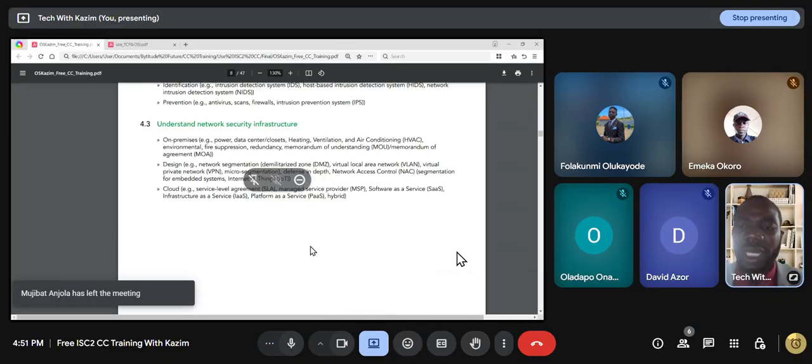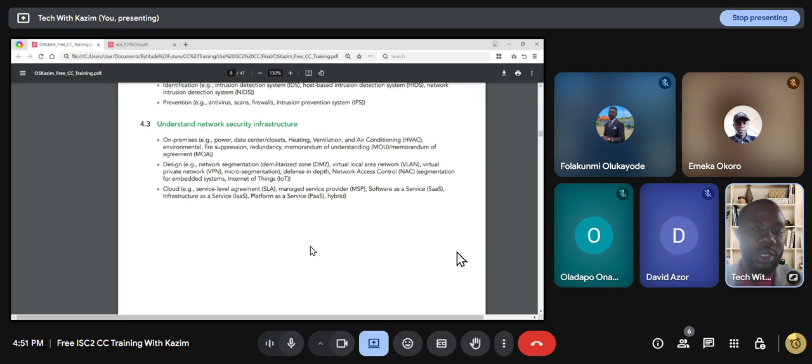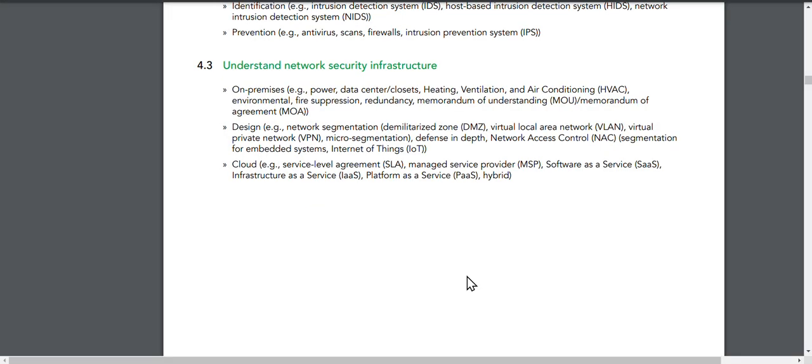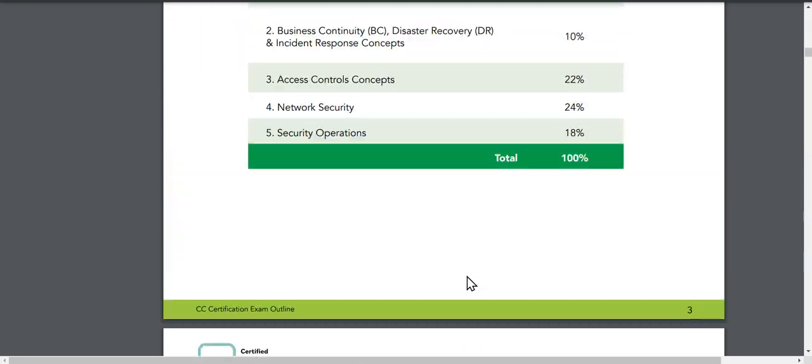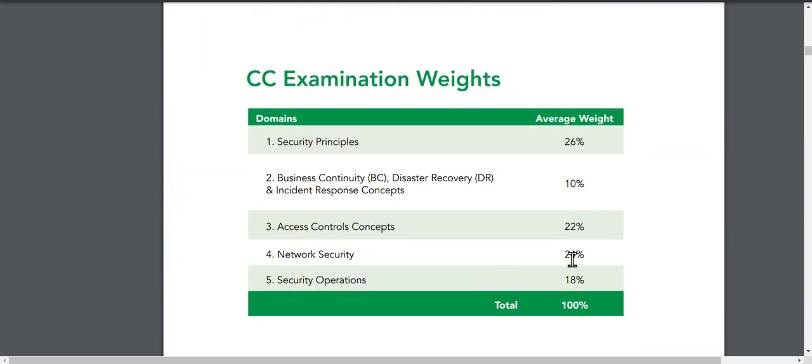So this now is just me giving you a summary of what domain 4 is about, which is network security. And I'm sure when you go and read domain 4 from the training material from ISC2, you're going to enjoy it and you're going to really understand it. So take your time to understand it, because let's go back to the, I think, is it 26% that comes from domain 4? 24%.